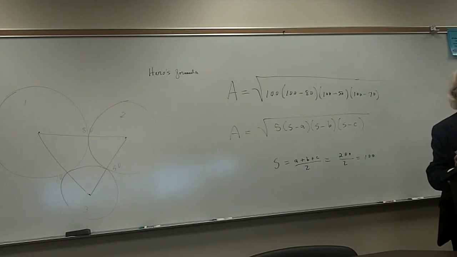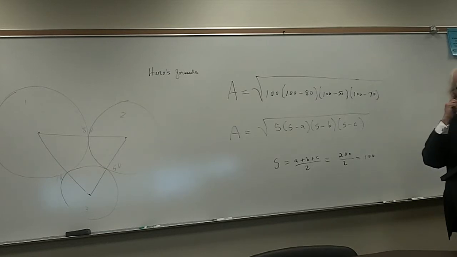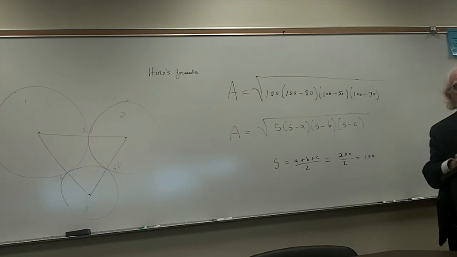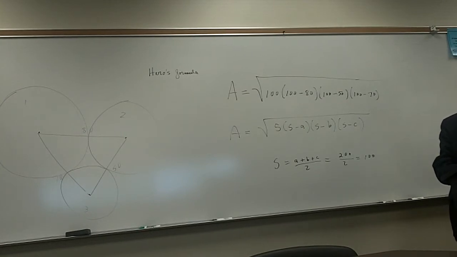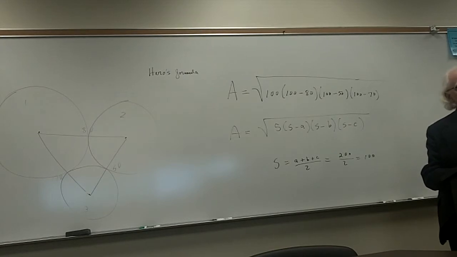That's pretty nifty. It's something that you need to know. You should remember some of these things, just for the sake of knowing that you can, in fact, find the area of a triangle just by knowing the length of all three legs. You can do it two ways.